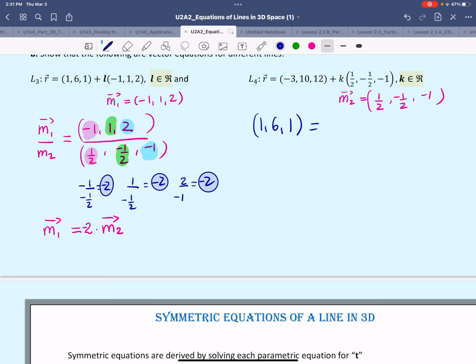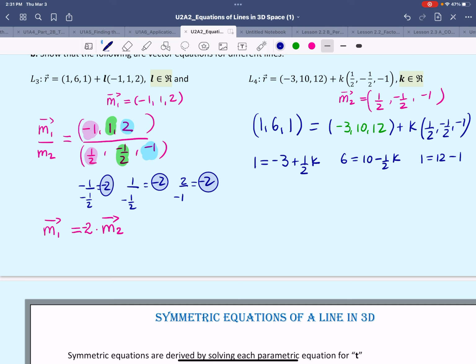So we have (-3, 10, 12) plus k(1/2, -1/2, -1). In this case, we must have 1 equals -3 plus half k, 6 equals 10 minus half k, and 1 equals 12 minus k.